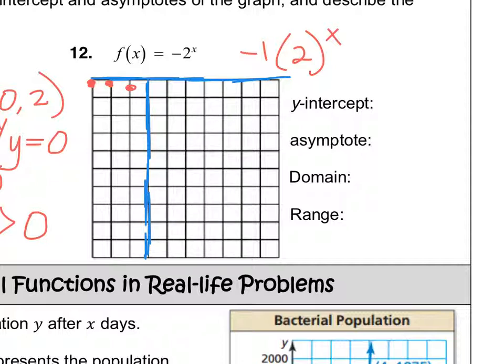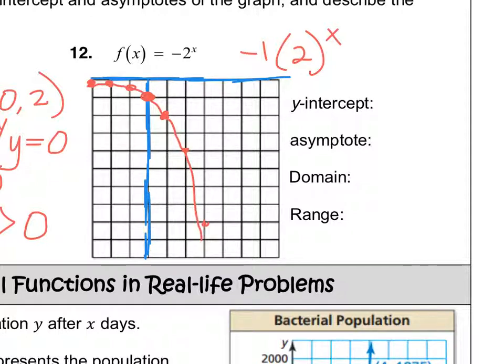Then I get to 0, my y-intercept, and I'm at negative 1. So I can see it's starting to curve down. At 1, I'm at negative 2. And at 2, I'm at negative 4. 1, 2, 3, 4. And at 3, I'm down at negative 8. 5, 6, 7, 8.